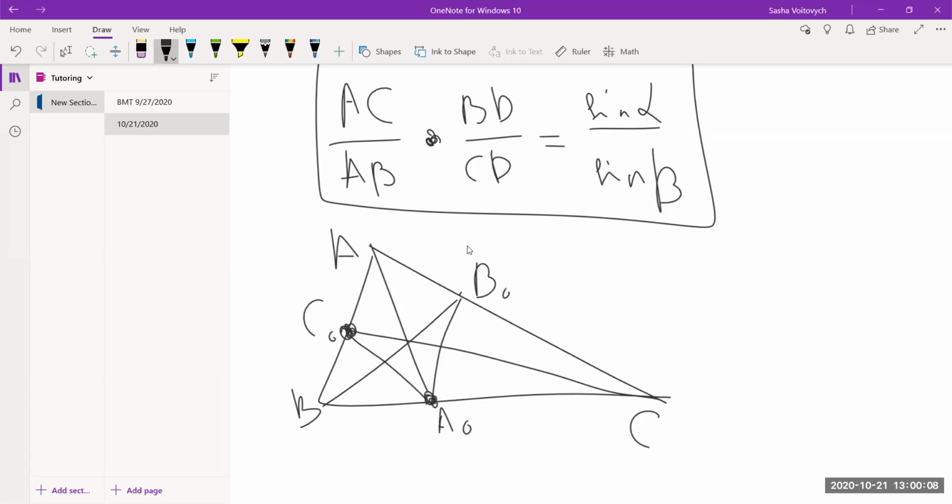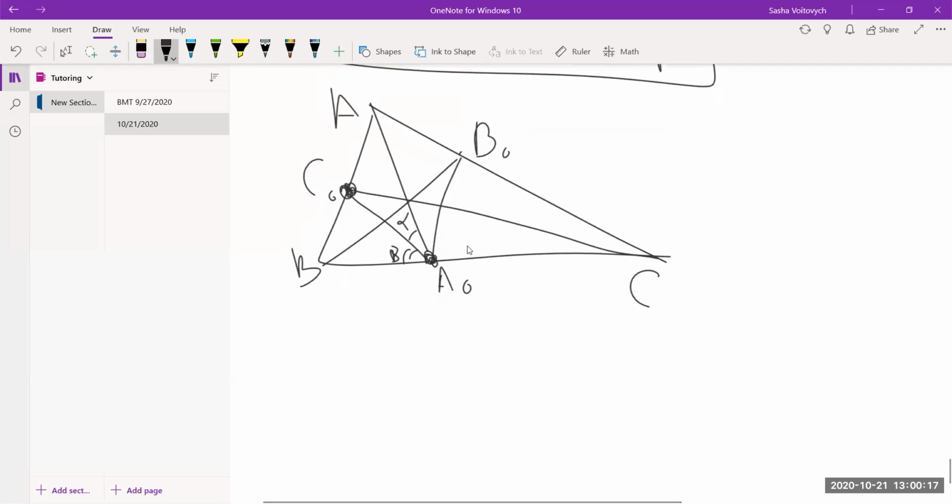Okay, so let's set this angle to be equal to alpha and this angle to be equal to beta. And then we're going to write our lemma for this triangle.